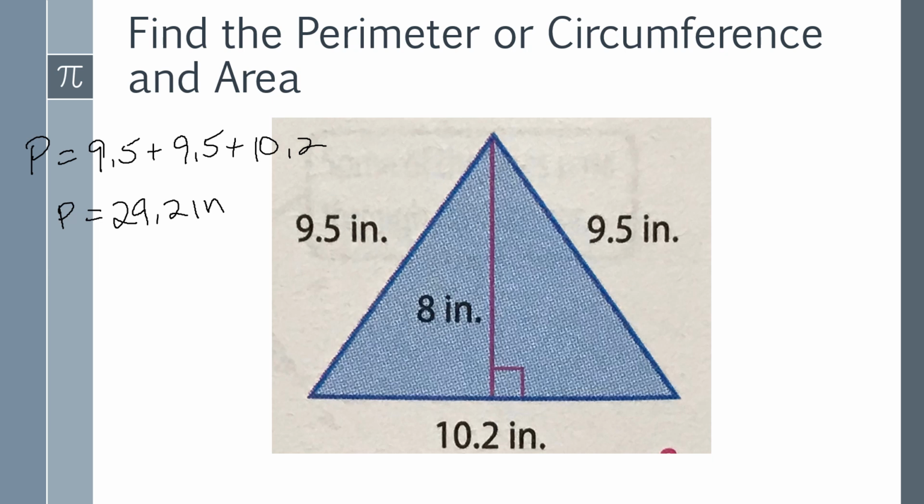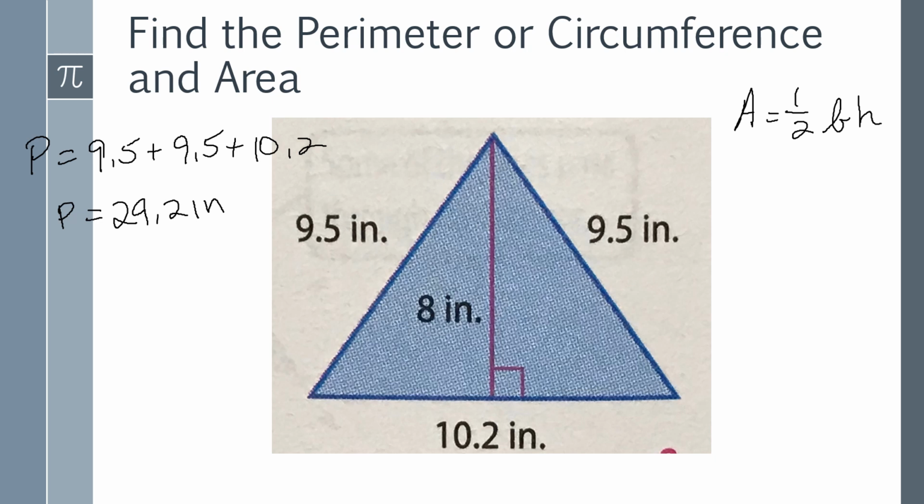Okay, so my next part of this is my area. The area is equal to 1/2 the base times the height. So what we have to figure out is which one's the base and which one's the height. Let me go back through this here.